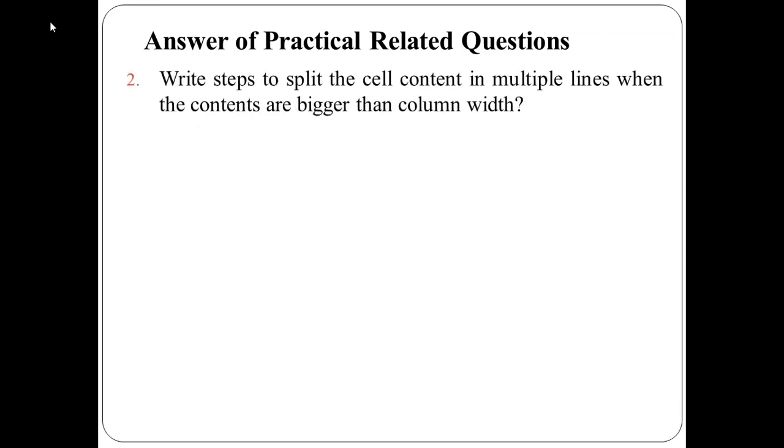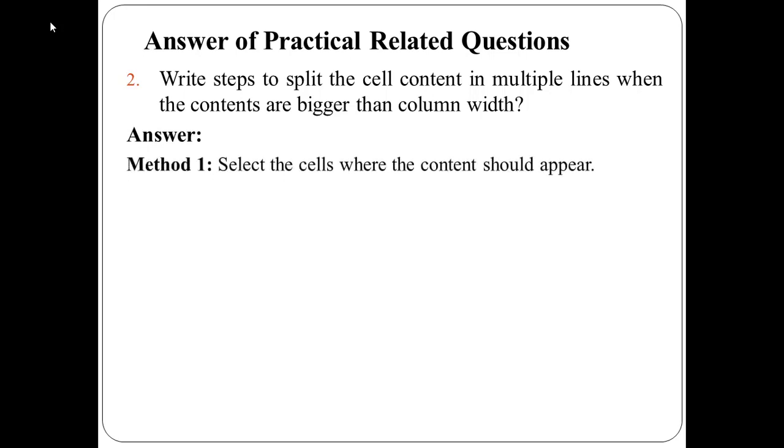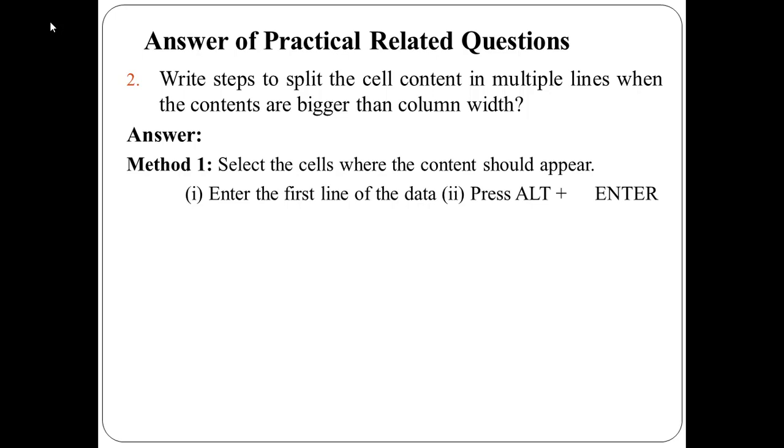The second question is write steps to split the cell content in multiple lines when the contents are bigger than the column width. The answer of this question is there are 2 different methods to do this operation. First method is select the cell where the contents should appear, then enter the first line of data, press Alt plus Enter, then enter the second line of data and then press Alt plus Enter.